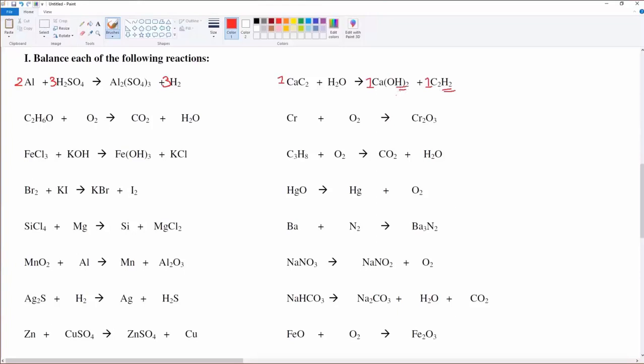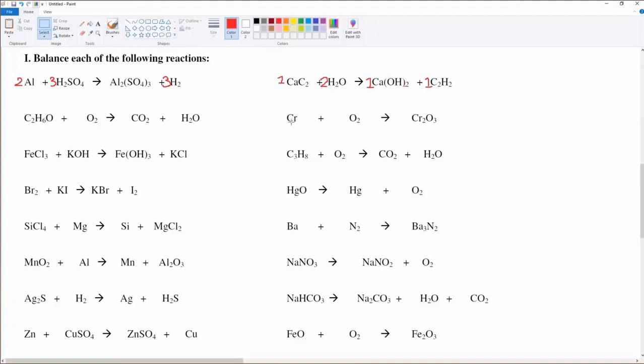So I have four hydrogens and two oxygens. So Sarah says, yes, excellent. I need a two here to make that work. What do you guys think? Try to clean it up afterwards. It gets kind of cluttered. Now it's balanced. Excellent. Okay.